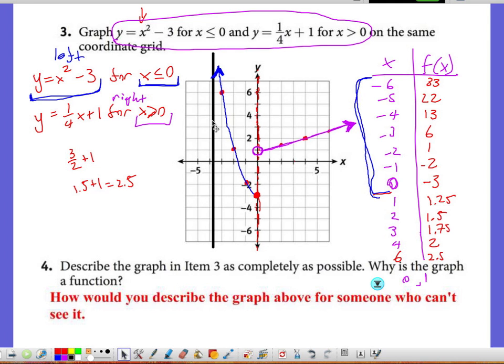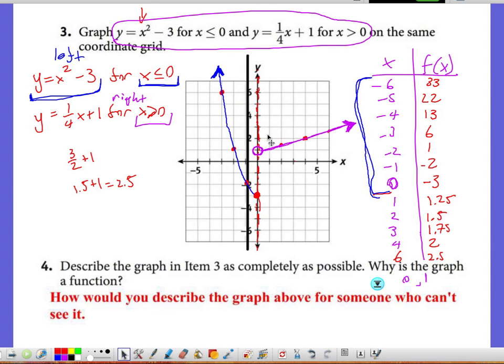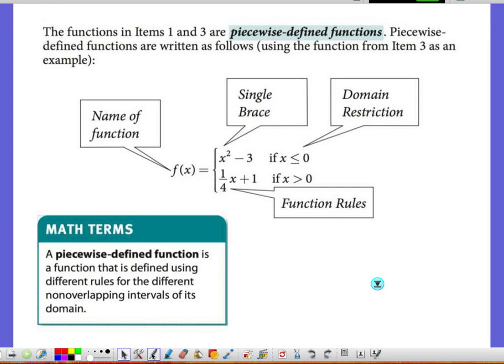We're not counting this blue line and this purple line as individual graphs. They are together counted as one single graph. And so that's why we just give it a single name, which is f of x, followed by a brace. And these individual functions, we call them function rules. And here are the domain restrictions.